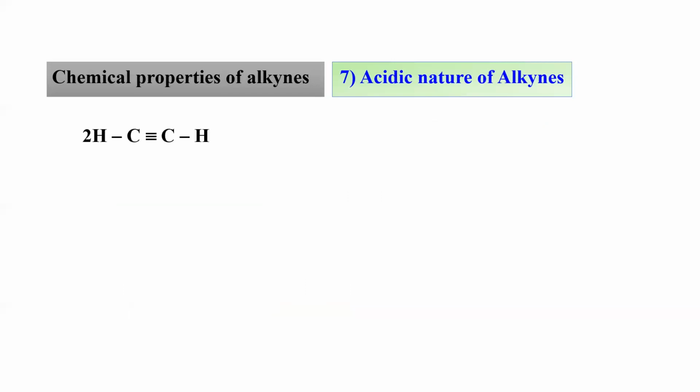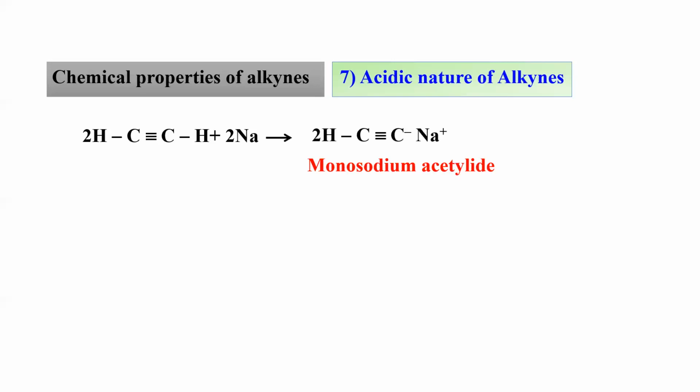So let's have a look at the reaction. How do you confirm whether somebody is an acid or not? You make it react with sodium. So when you take ethyne and make it react with sodium, we get this compound, monosodium acetylide. What has happened here? H+ is removed.